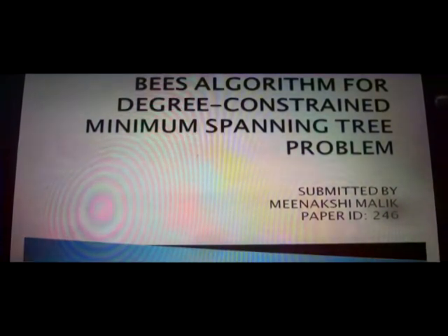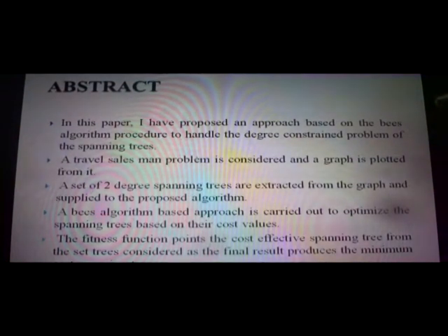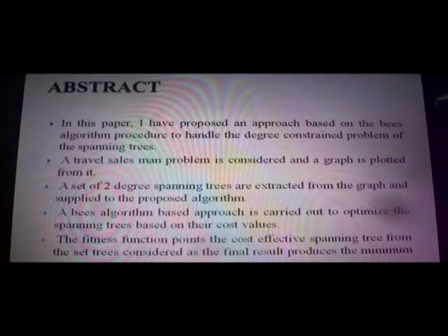Now, the abstract: a set of 2-degree spanning trees are extracted from the graph and supplied to the proposed algorithm. A Bees algorithm based approach is carried out to optimize the spanning trees based on their cost values.